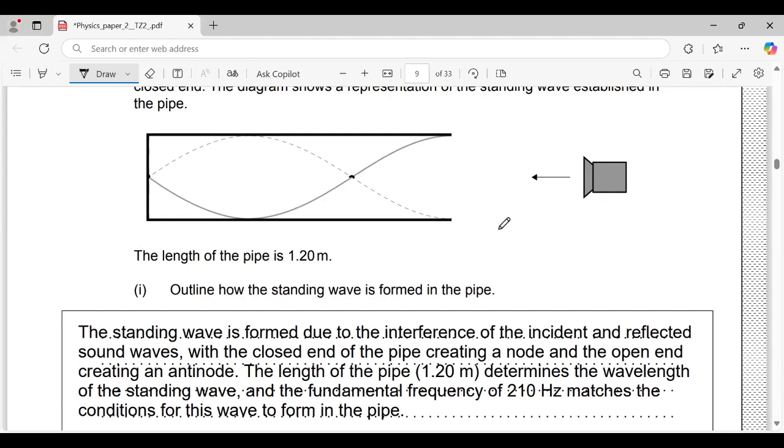This is a half wave. And from this point to this point, that is a quarter. So half plus a quarter is 2/4 plus 1/4, 3/4.